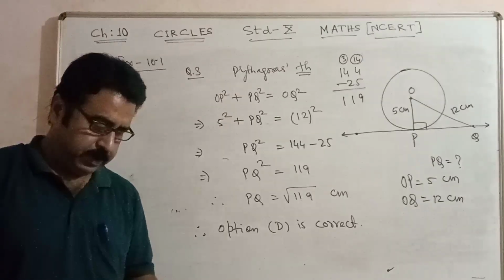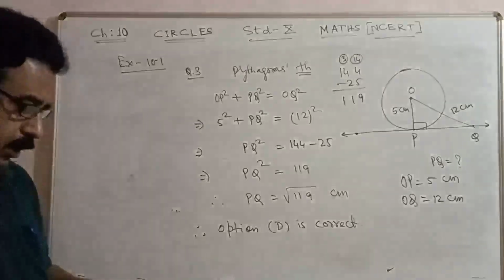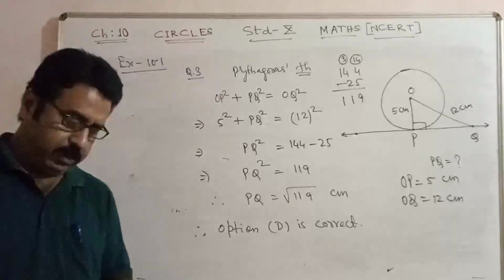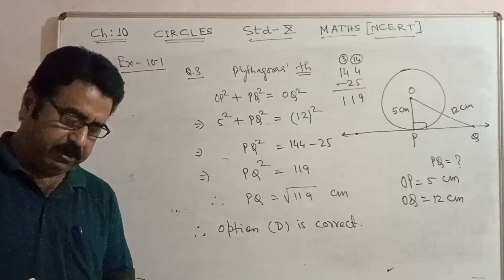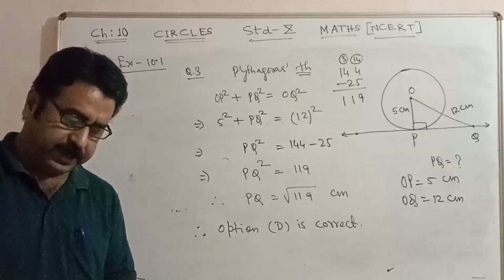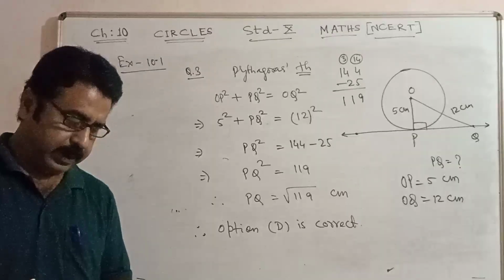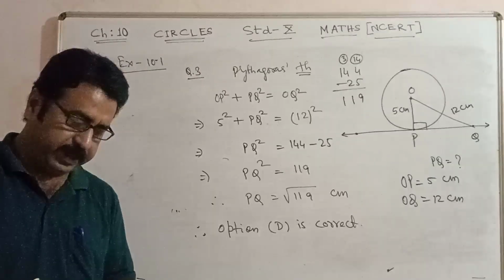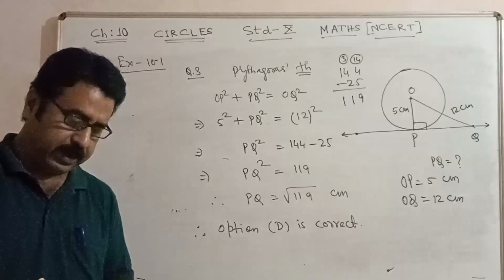Question number 4. Draw a circle and two lines parallel to a given line such that one is a tangent and the other a secant to the circle.